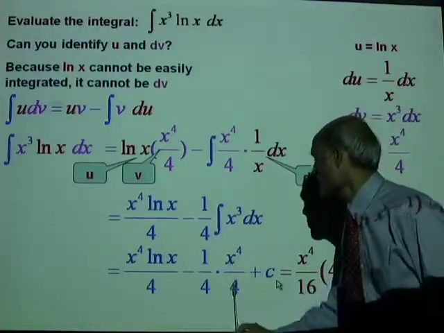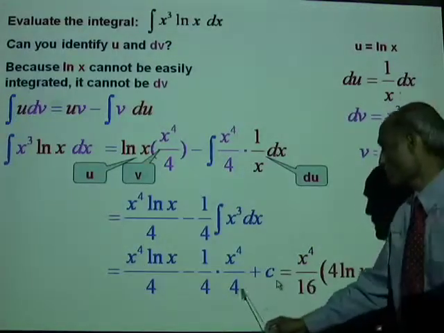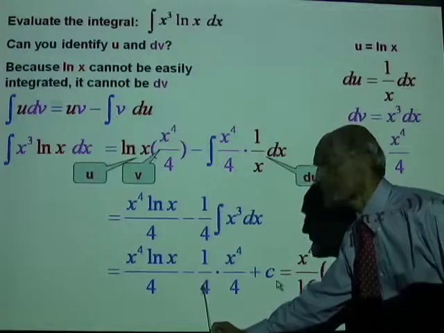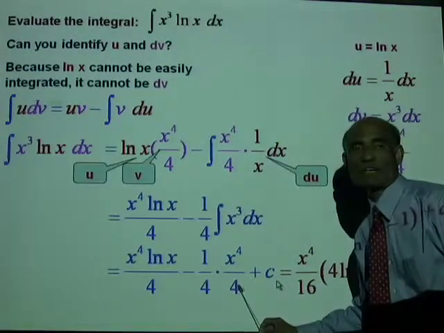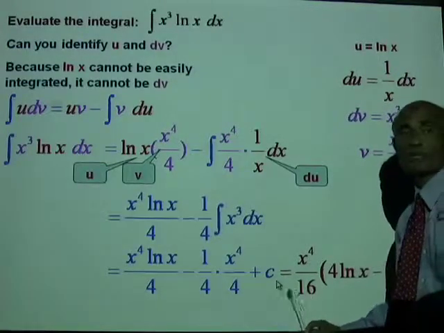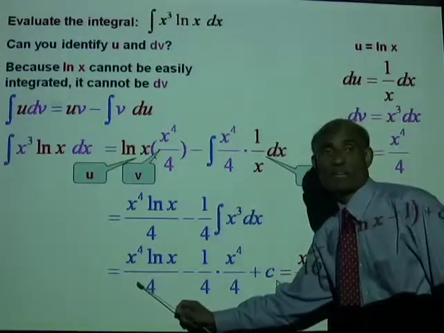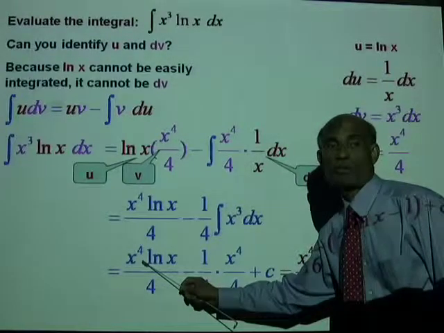Yes, we can factor out x to the power of 4 over 16. This term has 16 in the denominator, so we will factor out x to the power of 4 over 16. Remember, the denominator and numerator of this will get multiplied by 4.